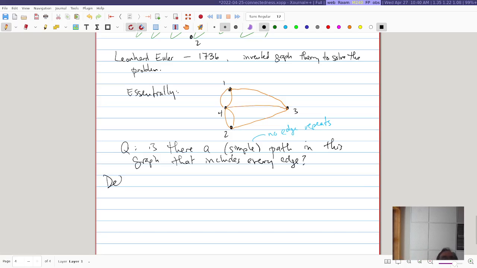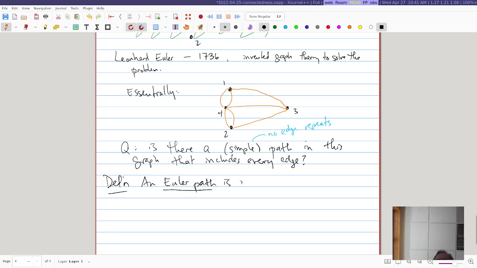So, okay, we can just say definition, an Euler circuit, or an Euler path. Right, so here's another thing that's named for Euler. These kinds of paths are named Euler paths.